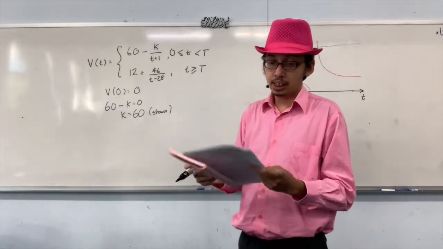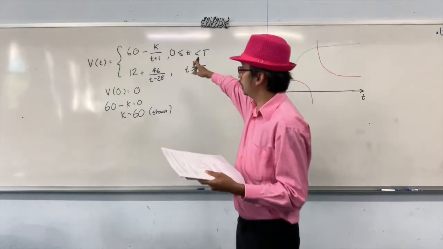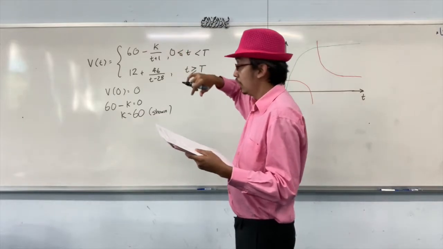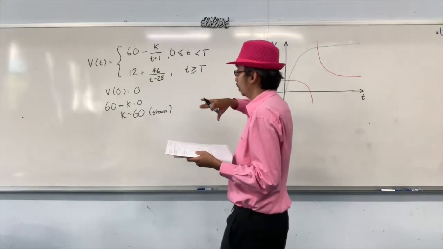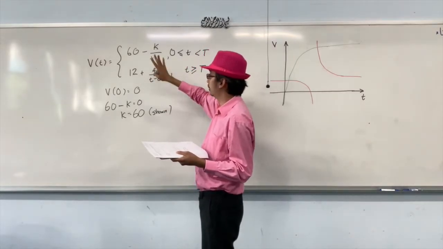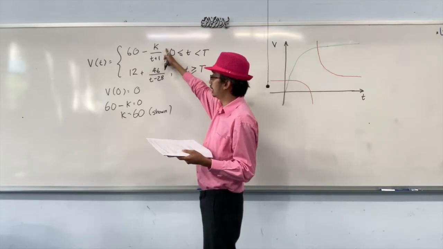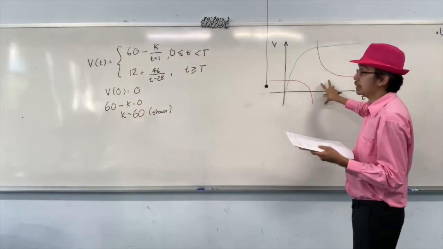Moving on. They ask you to draw the graphs of y equals 60 minus, basically these two graphs. So you just need to plot them under y1 and y2. Just change all the t to x. The rest should be okay really. The k this time is already 60, so just plug in 60. When you plot, this is what you get.